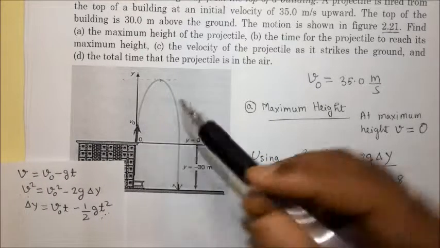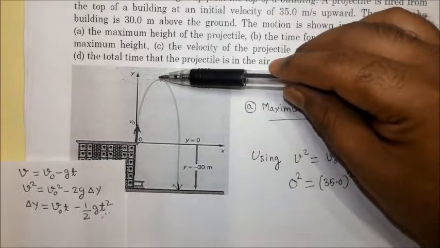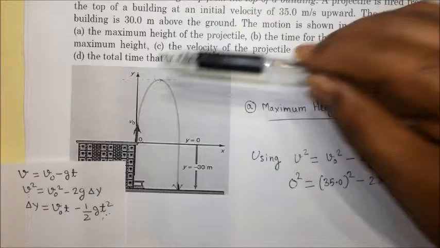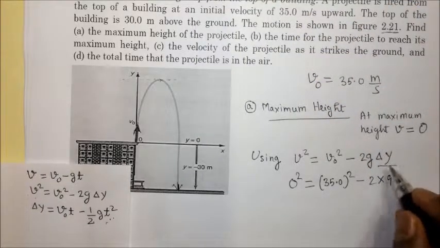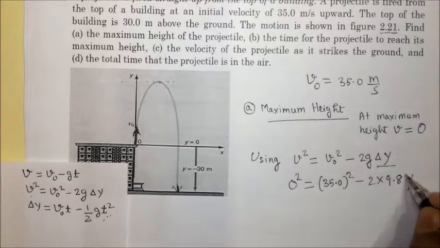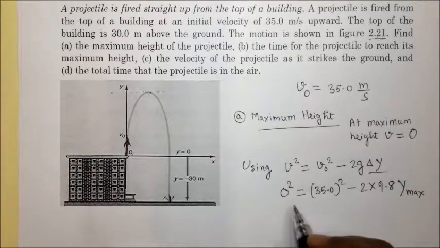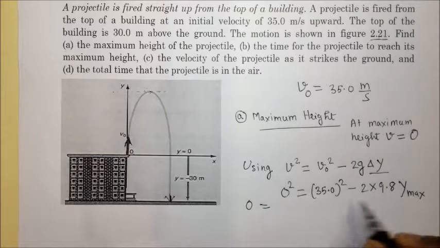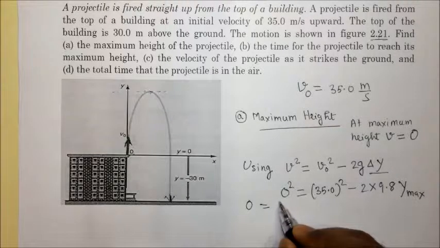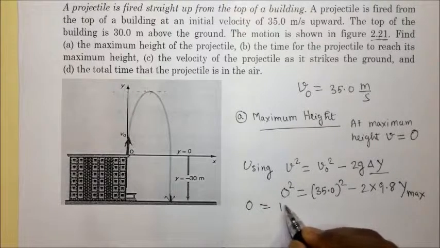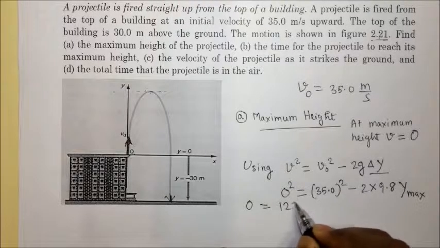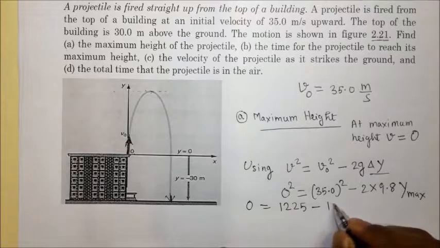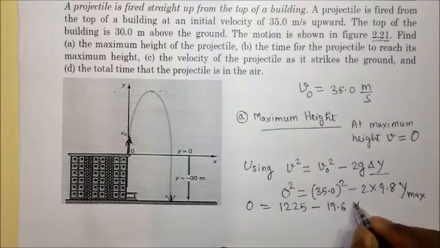From the top of the building to the maximum height is where the final velocity of the projectile is 0. I write this delta Y as Y max. This is 0. The square is 0. 35 square is 1225 minus 2 times 9.8, which is 19.6 Y max.